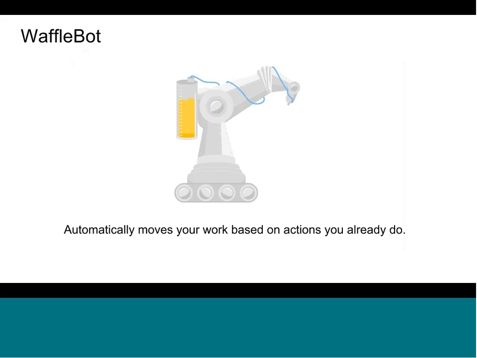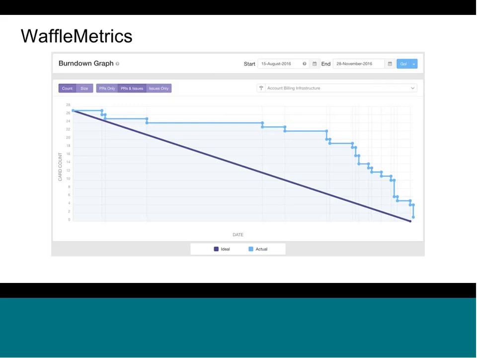So for example, if you open up a pull request, Waffle will automatically put that in your needs review column or your in progress column. If you merge a pull request, WaffleBot will move that to done for you and show that it's closed. So WaffleBot is working behind the scenes. You actually see it in the history on your pull request and in your issues that WaffleBot is actually updating labels and updating status for you as you do work so that your team is always on the same page.